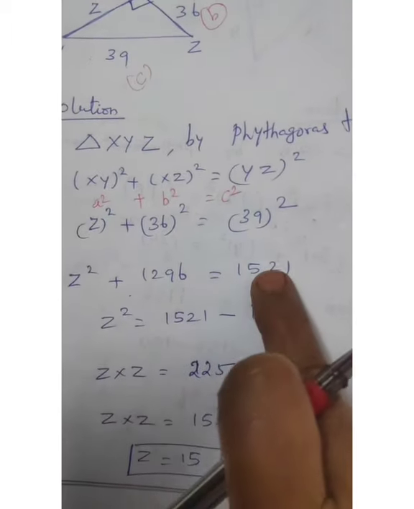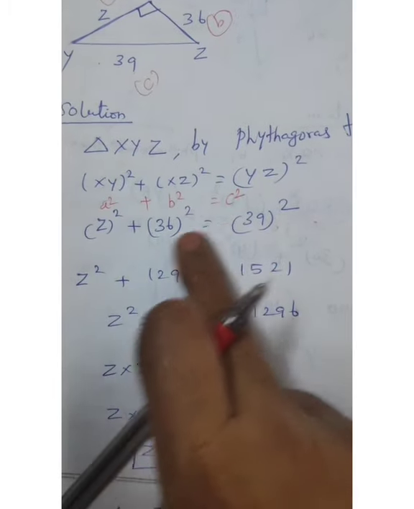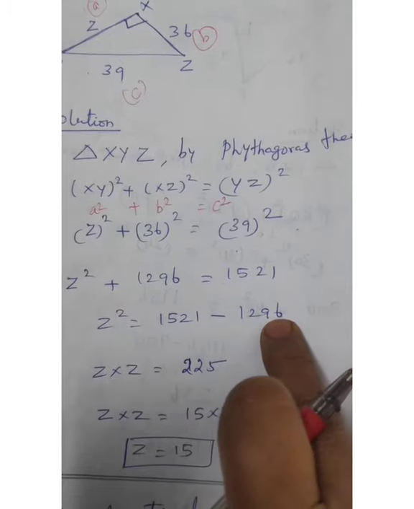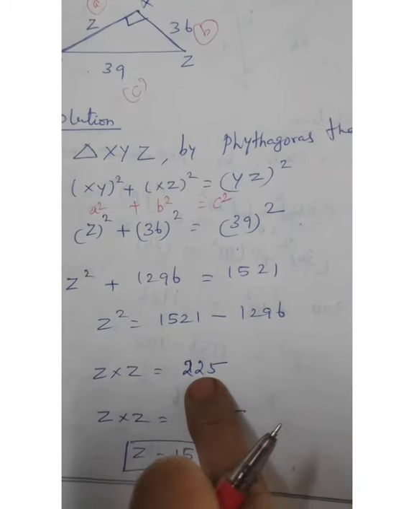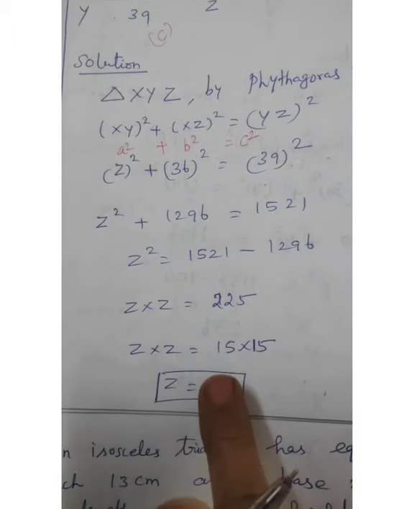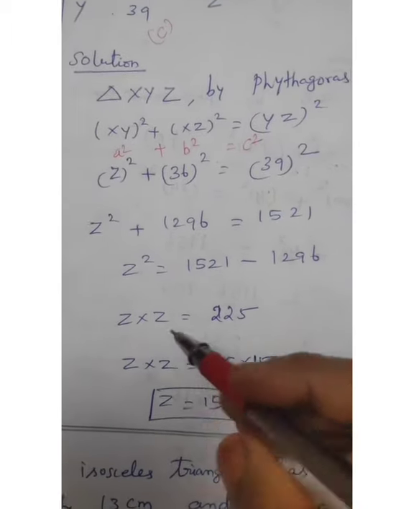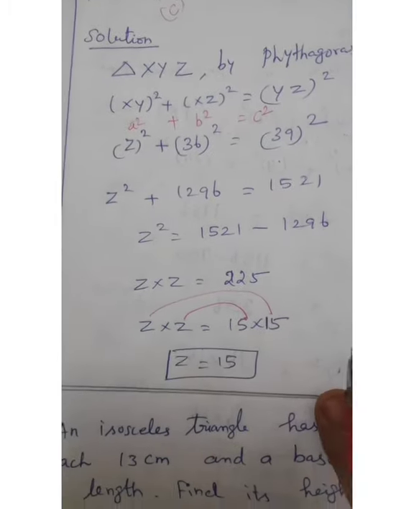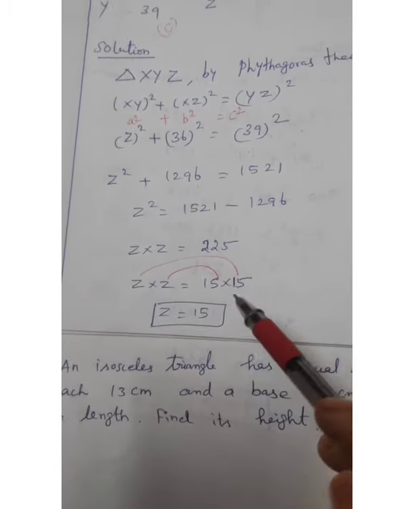Z squared equals 1521, and the symbol changes to minus 1296 on the right side. Minus gives 225. Z times Z is 225, which is 15 times 15. Only one Z value. Z equals 15 is the answer.